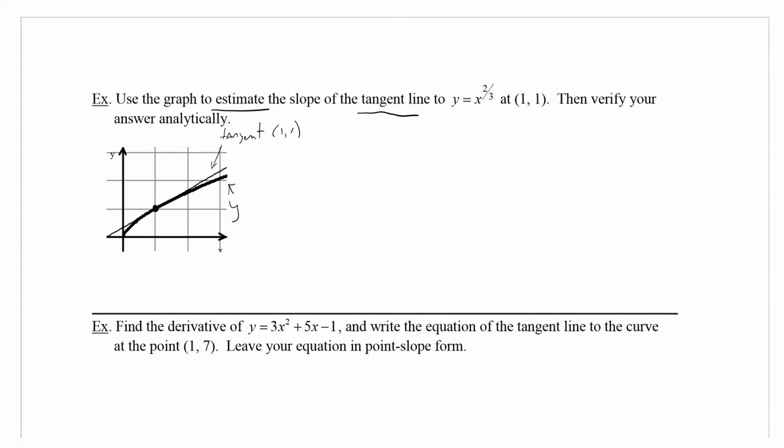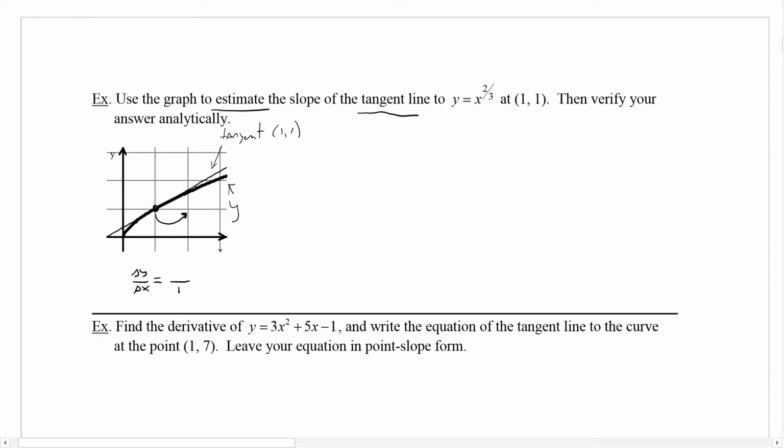So let's estimate the slope by using the rise over the run. For sure we know that the slope of this line runs 1 to the right, so my delta x is 1. And how much does it run up? Well, I don't touch a corner, but I'm going to draw this small line segment in red so you can see what I'm doing.